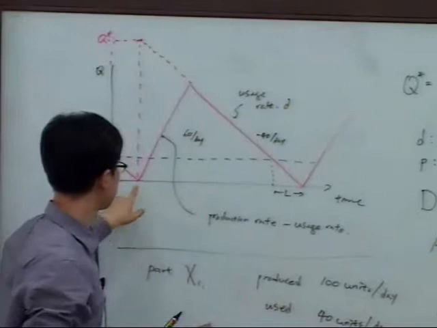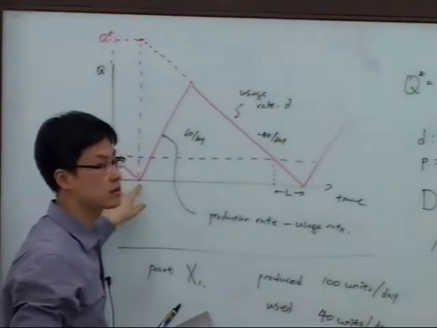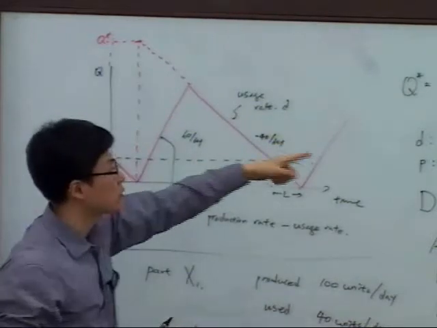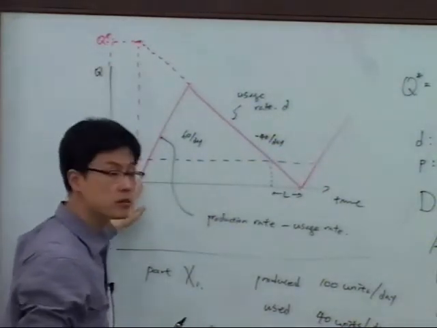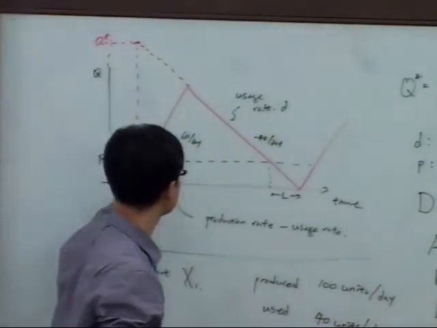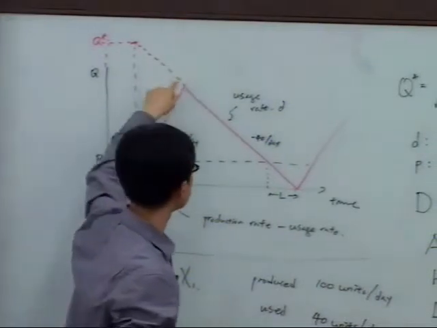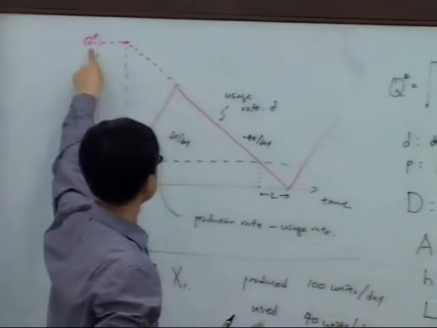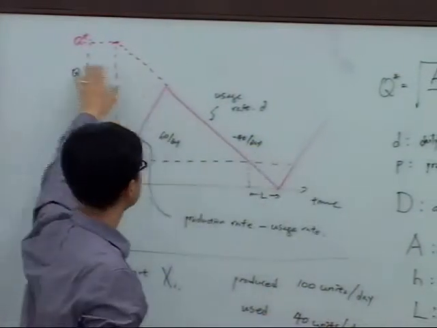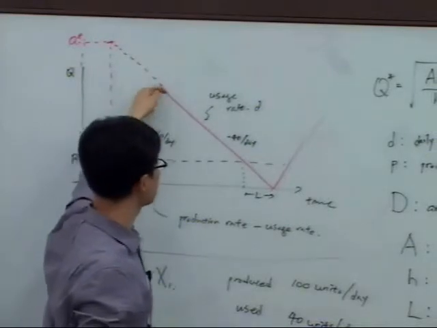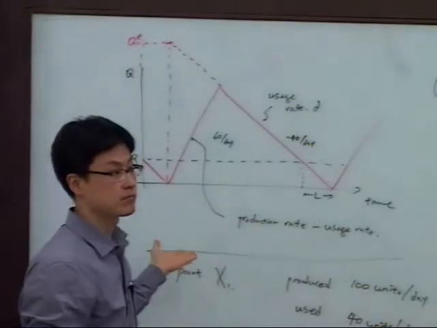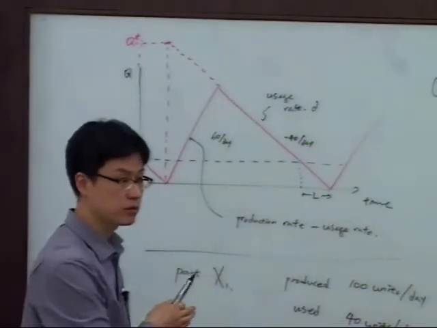However, they need a lead time, so it's not instantaneous. And also when they are supplying our inventory, at the same time it is used by this. So that's why we have this kind of a slope. And once the order amount is supplied by the first workstation, then there is no more order. So after that, it is decreased like that. That's this diagram. So you get the point?